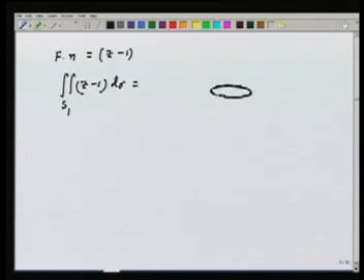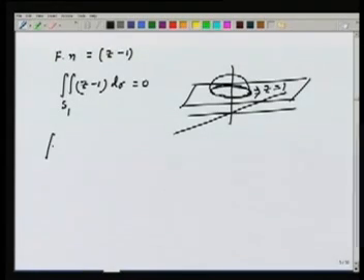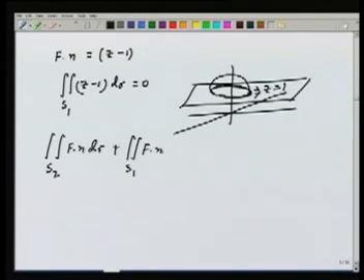So this integral is 0, because on S1 z is always 1. Remember the picture? My surface is this. This is z equals 1, the plane. Okay. So the integrand is 0. So the total integral over the boundary, that is the integral over S2 of f dot n d sigma plus the double integral over S1 of f dot n d sigma, is 54 pi.